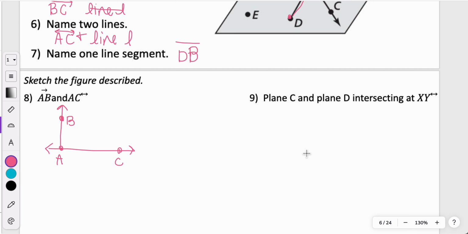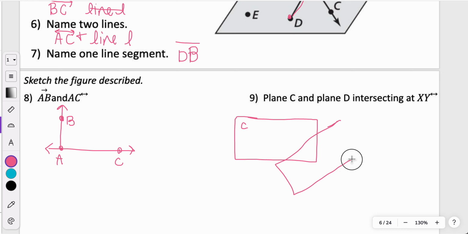For number 9, we want to try to draw plane C and plane D intersecting at line XY. Yours doesn't have to look identical to mine, but what I was thinking is maybe just drawing plane C like this, and then maybe plane D coming across like this, and then their overlapping intersection could be right here, and we can name that XY.